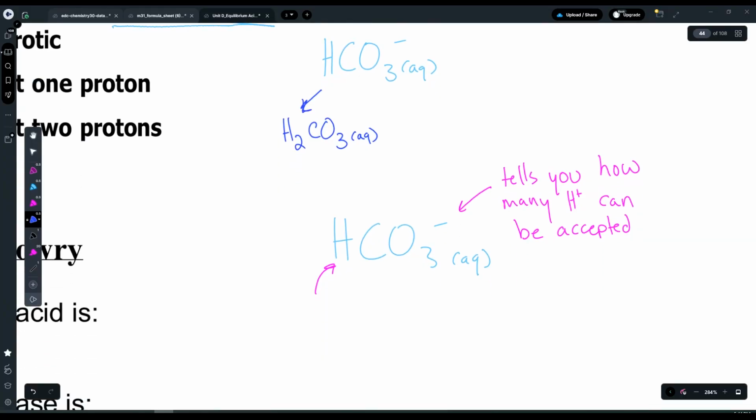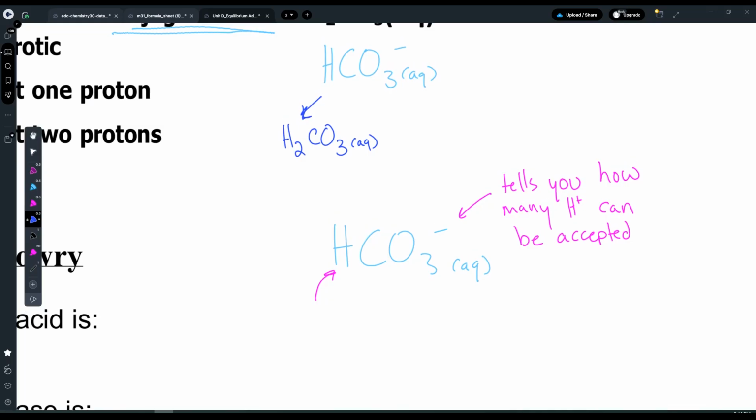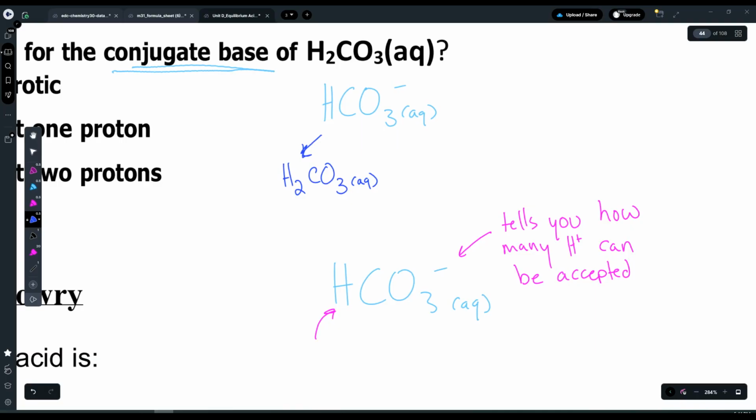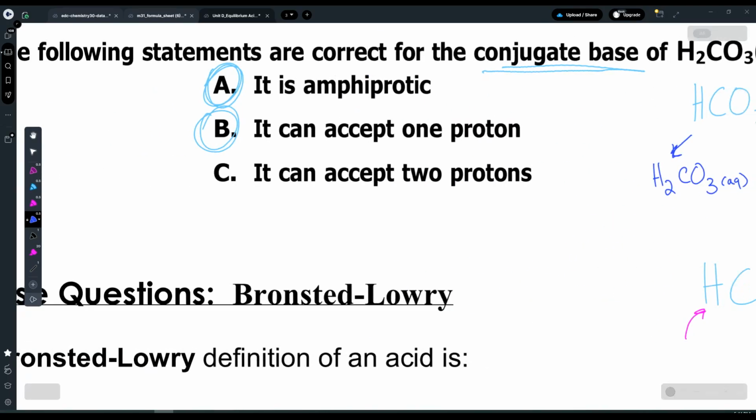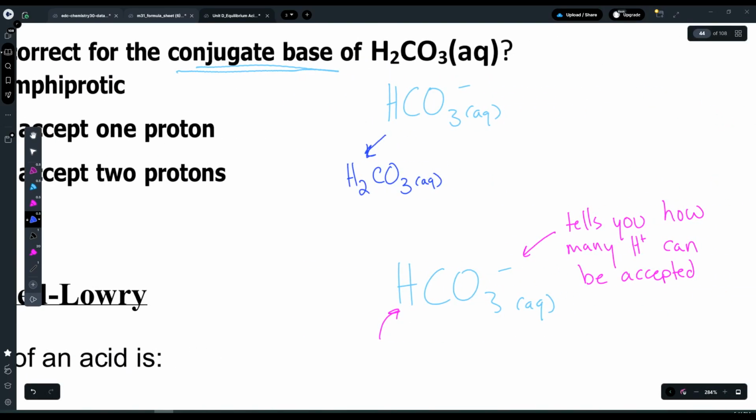Usually substances, when they have a negative charge and they finally get to a neutral charge, don't really like going beyond that. So when it says, can this accept 2 protons, I'm going to say no, because the goal for most substances is to gain enough hydrogens to get a neutral charge.